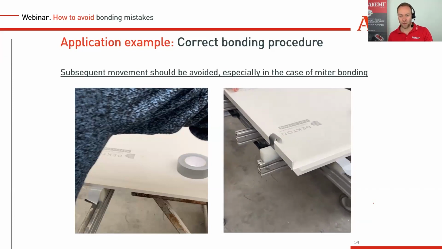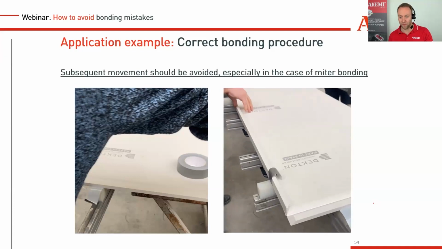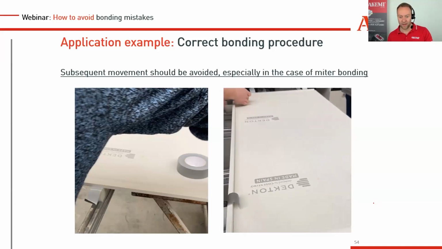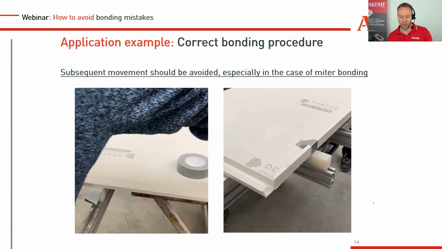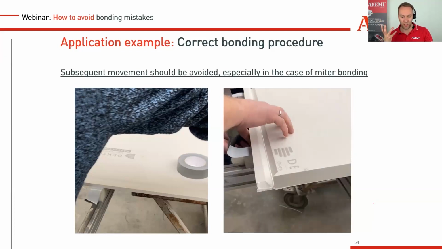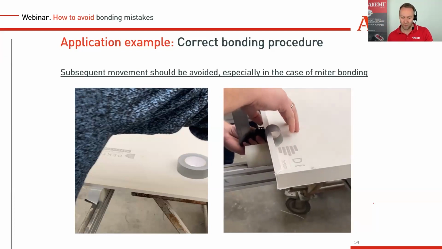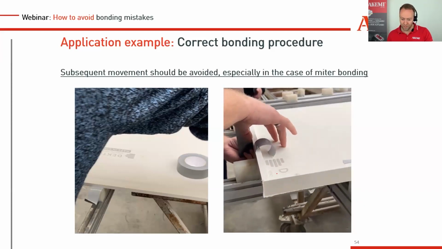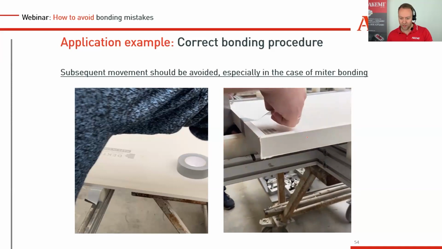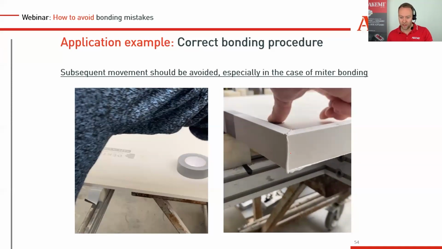They adjusted it properly in the first place, and then they just move the front, tape it. You can also use clamps, so there are a lot of different techniques here, but you can see they did it in a proper way. Enough glue, the adjustment was done before, no opening needed, and you can see now the right amount of glue comes out here, here, and here, and also on the inside.